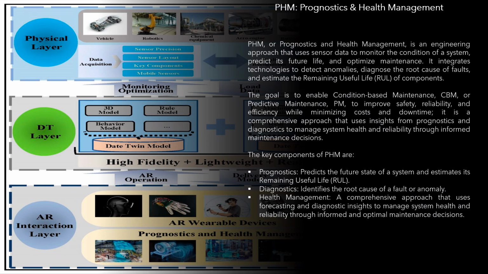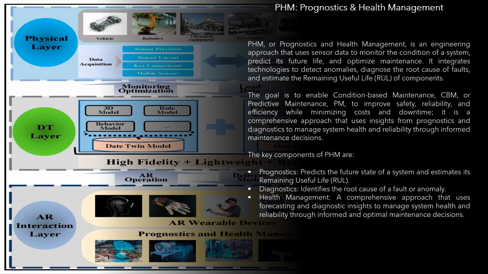The goal is to enable condition-based maintenance, CBM, or predictive maintenance, PM, to improve safety, reliability, and efficiency while minimizing costs and downtime. It is a comprehensive approach that uses insights from prognostics and diagnostics to manage system health and reliability through informed maintenance decisions.